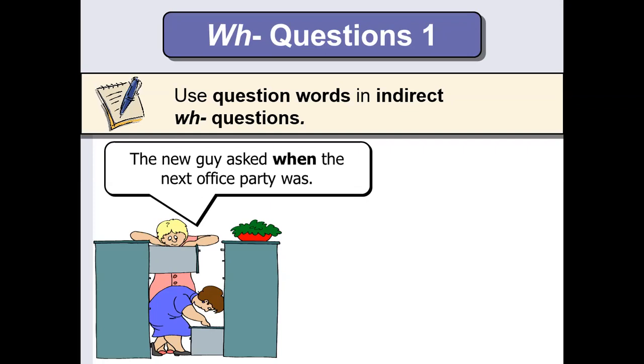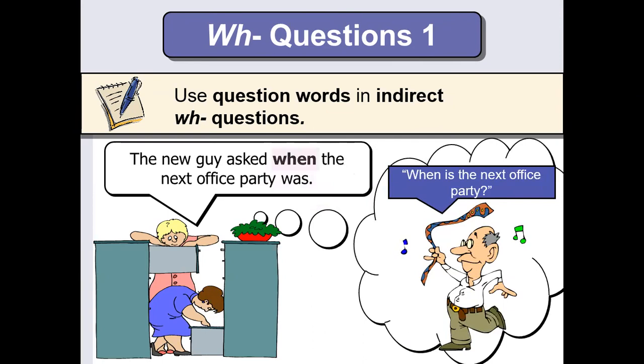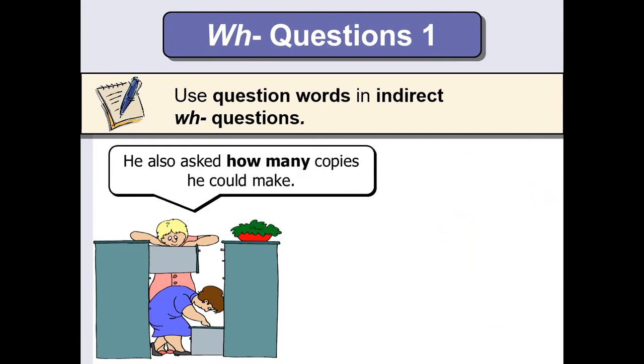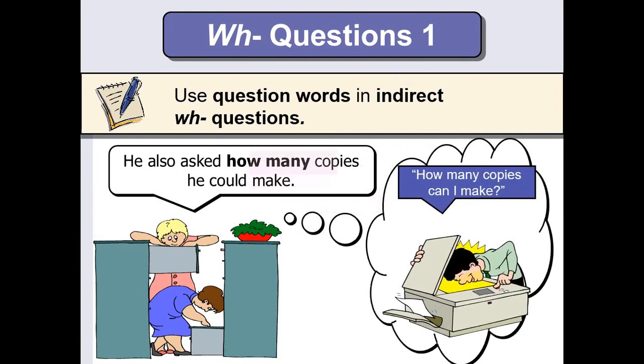It's completely different if we compare with the other one. When is the next office party, for example? That's another one. And he also asked how many copies he could make. How many copies can I make? Right, that's one way of indirect.